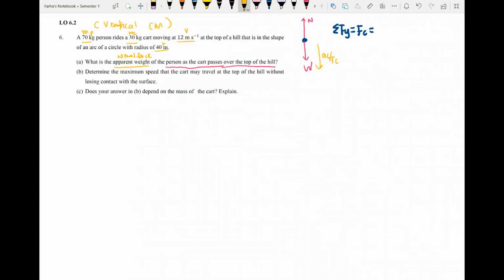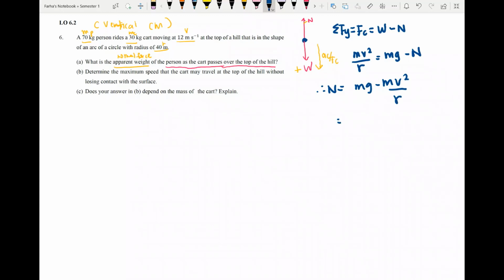Okay, so Fc akan equals to the weight minus dengan N. So ingat saya dah inform, same direction with Fc akan jadi positif, opposite direction akan jadi negatif. So kita calculate. Okay, Fc is equals to mv square over r, weight is mg minus N. Therefore, N equals to mg minus mv square over r.